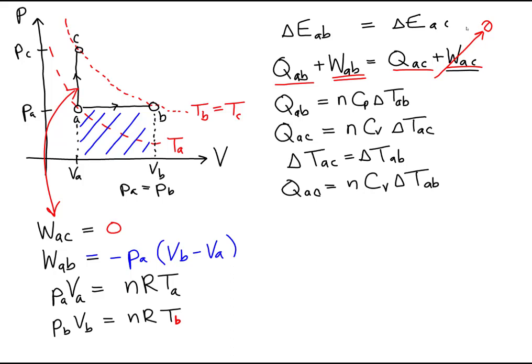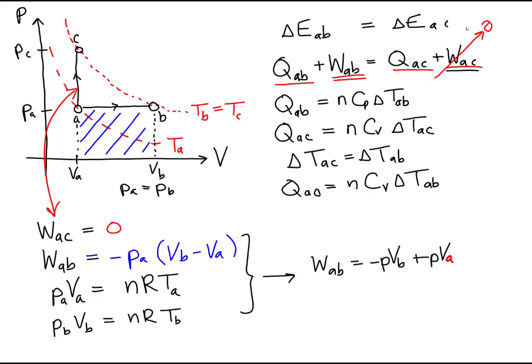Combining these expressions allows me to write that the work done from A to B is equal to minus the pressure times the volume at state B plus the pressure times the volume at state A.